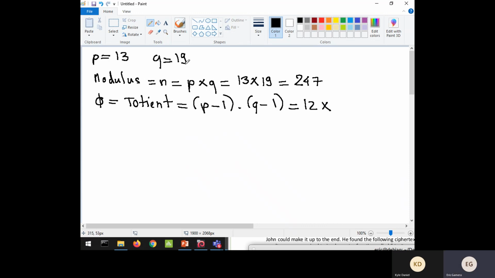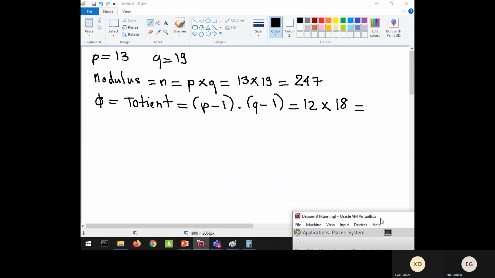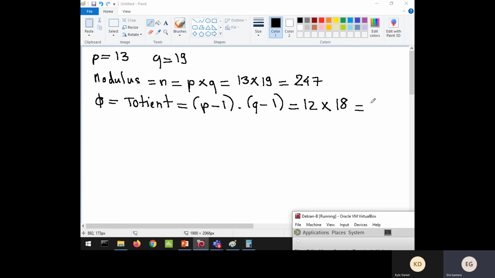Times Q minus 1, 19 minus 1, 18. So the result will be, where is my calculator? It is there. So 12 times 18 is 216.